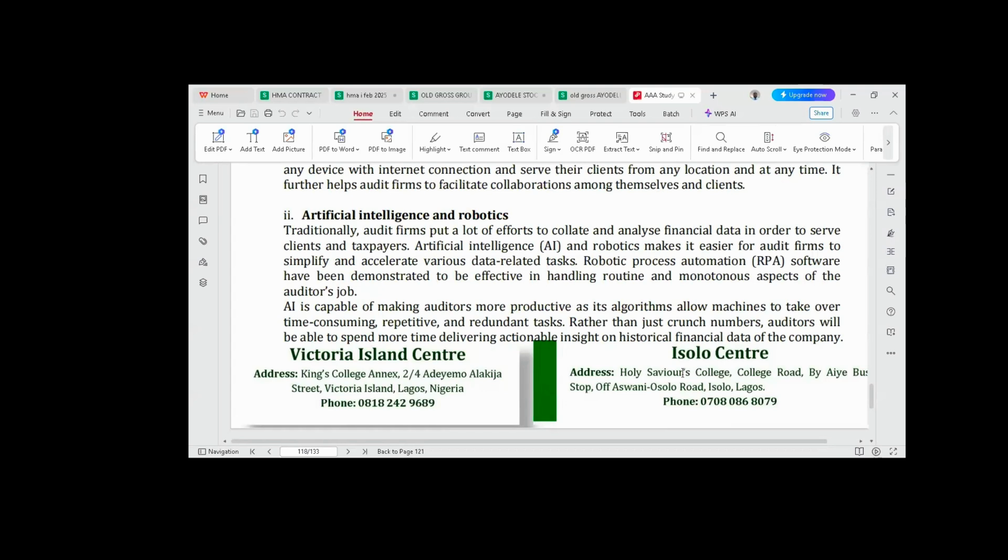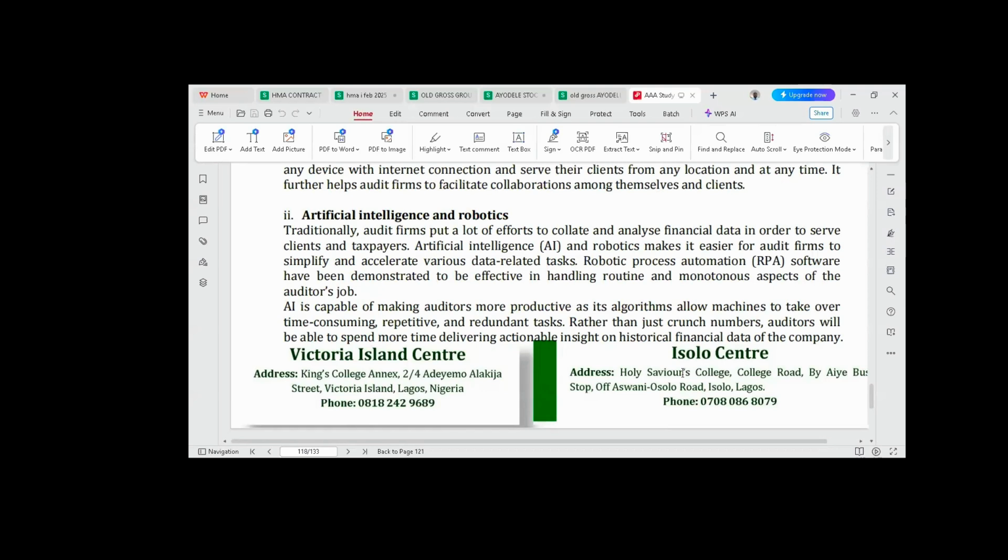Because it's designed using the human brain, they have also incorporated some features in it that make it smarter than humans. You can see that AI has taken over virtually everything.